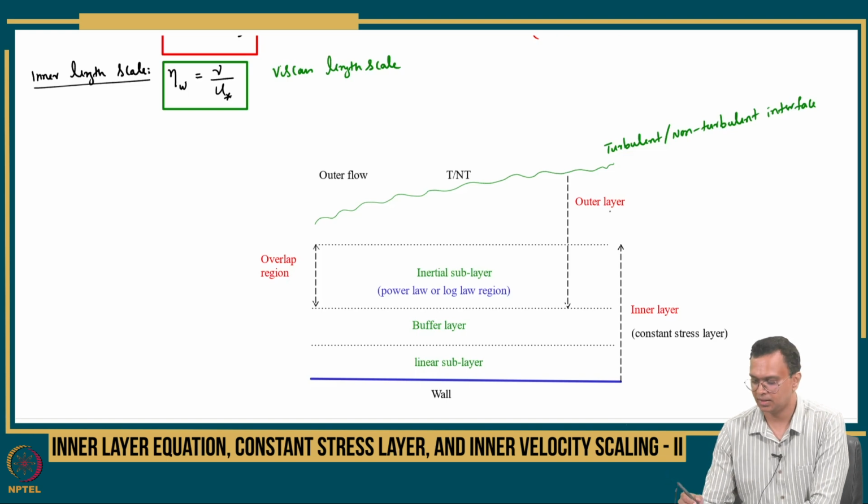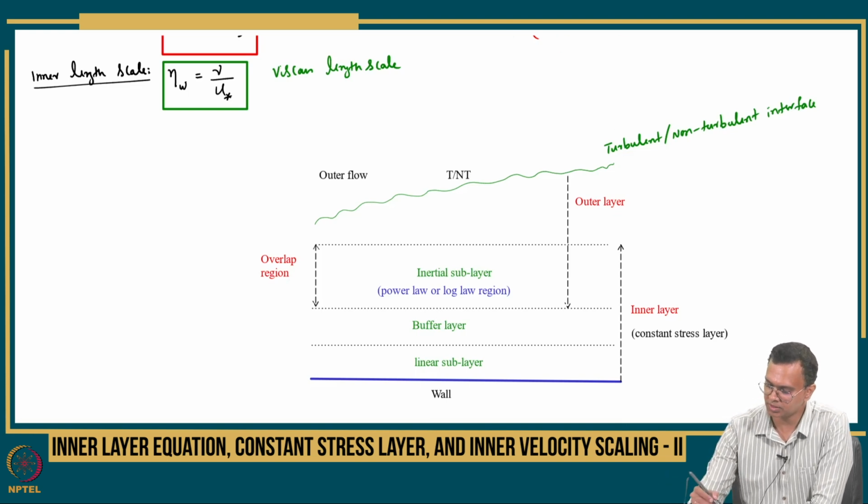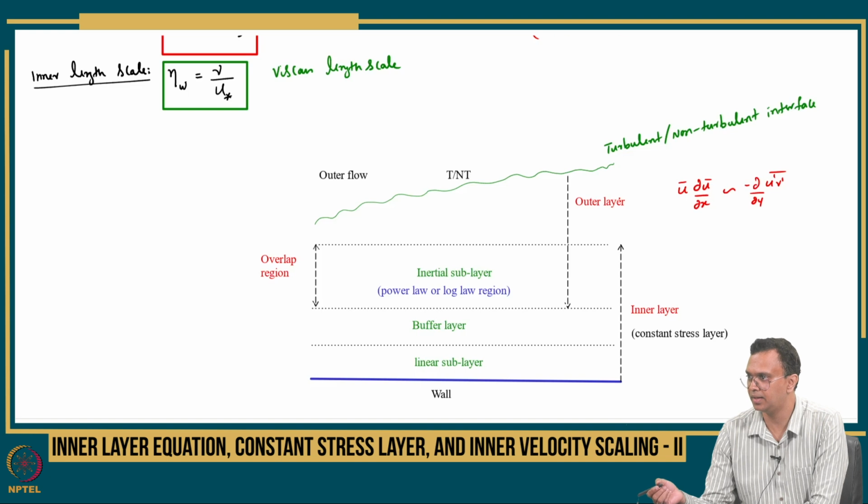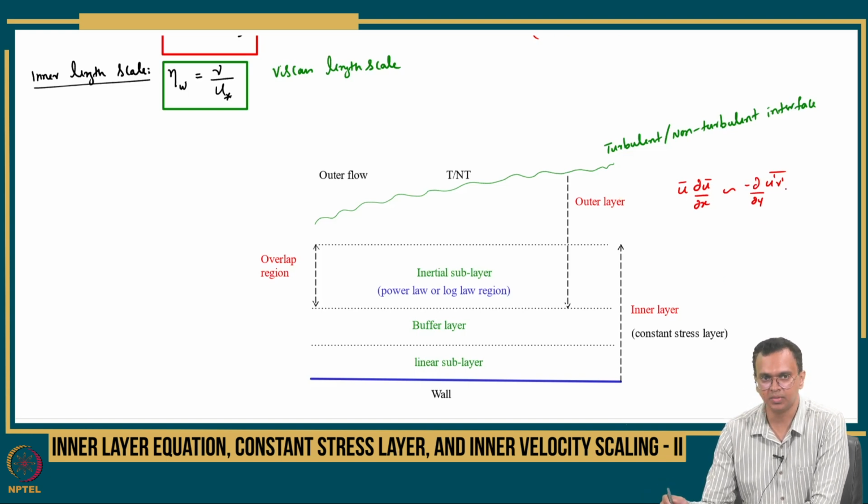In the outer layer, the equation we had, with u bar dou u bar by dou x, was balancing the turbulent term. So this term was dominant in the outer layer equation. And in the inner layer, the turbulent term is dominant, but it is balanced by the viscous term.